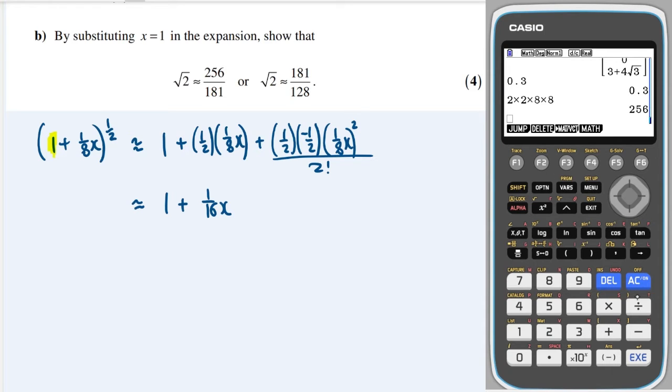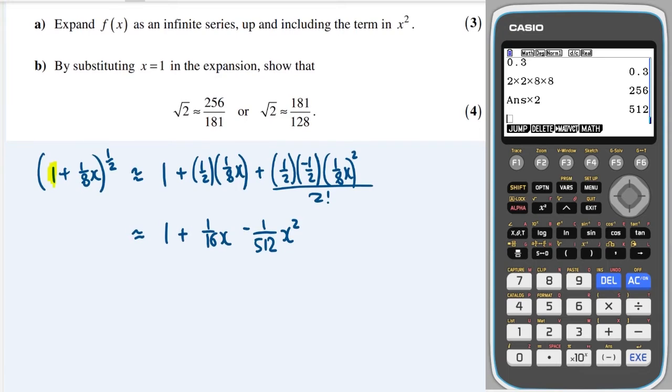And then we're also going to have on the bottom a 2. So it's going to be minus 1 over 512 x squared. Great, and it says up to including the x to the power 2 term.